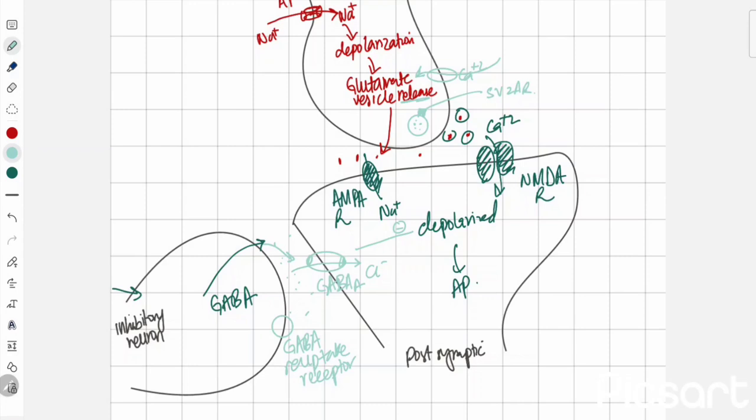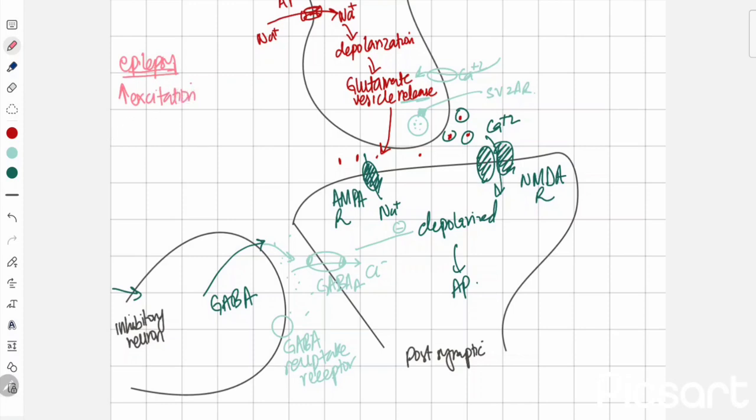Now we are going to apply pharmacology here, and do the classification of anti-seizure drugs. I'm going to do all of this in pretty pink to make you understand what we really need. What actually happens in epilepsy is that there is a lot of excitation and not enough inhibition.